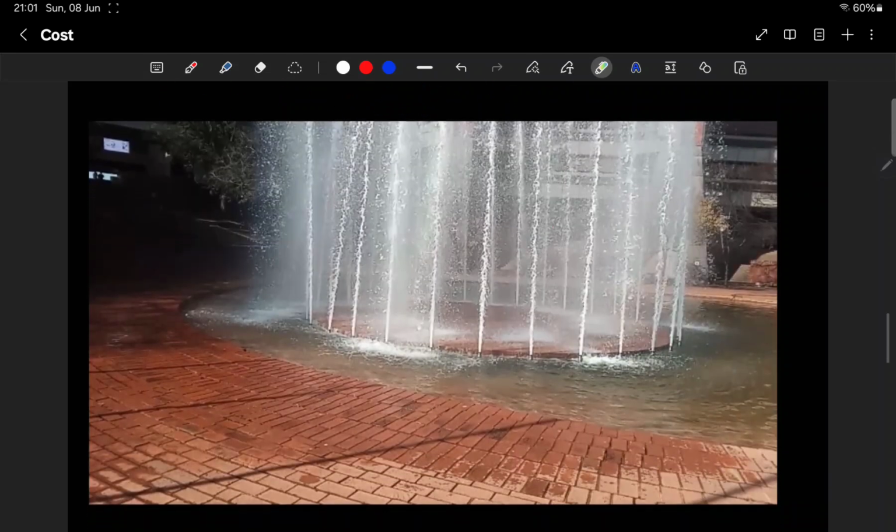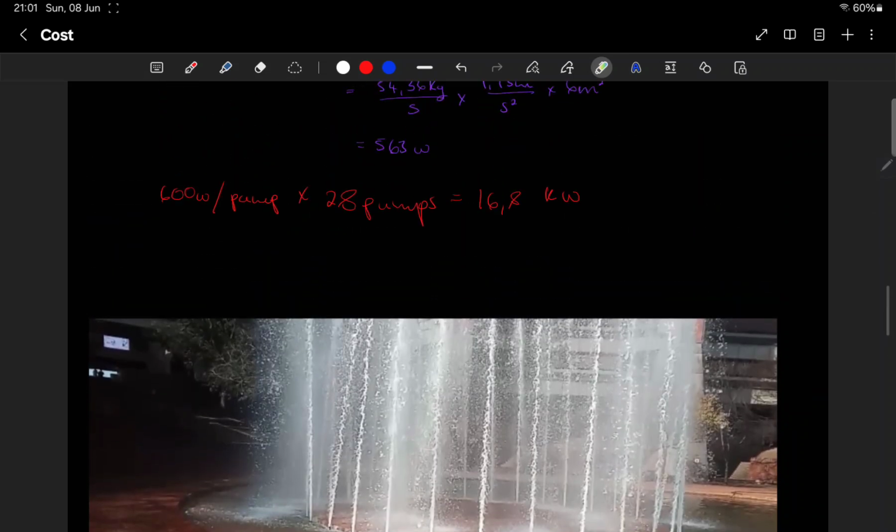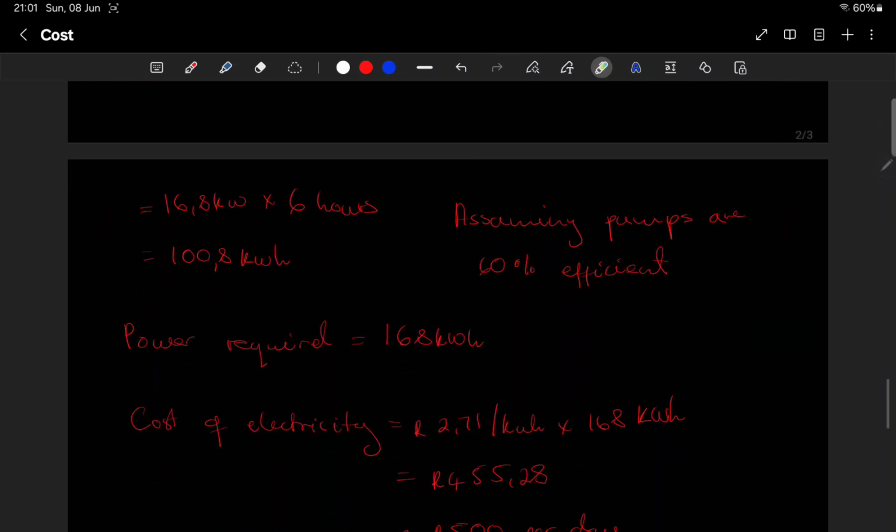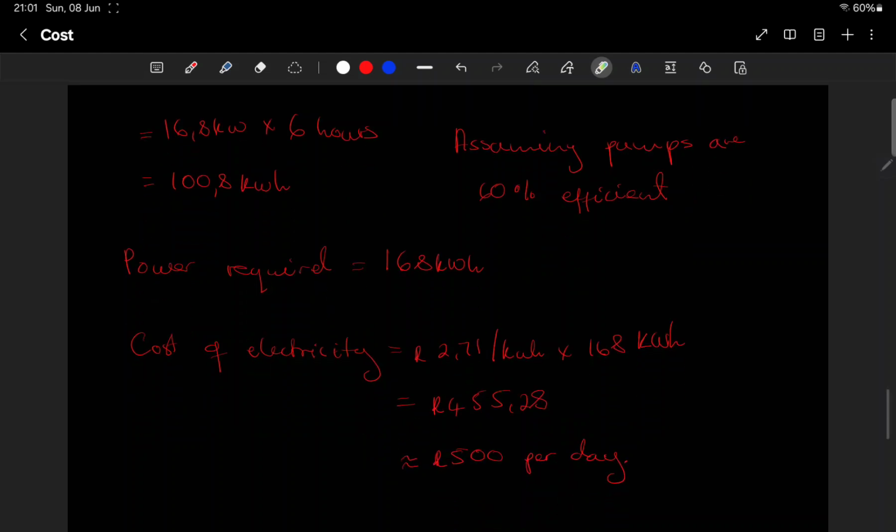Then I counted, I think, 14 pumps on this side. I couldn't really see what's going on the other side, so I said let's say it's 2 times that, that's 28 pumps. 600 watts per pump times 28 pumps gives us 16.8 kilowatts. If you're running all the pumps for 6 hours a day, that gives you 108 kilowatt hours. But of course the pumps are not 100% efficient.